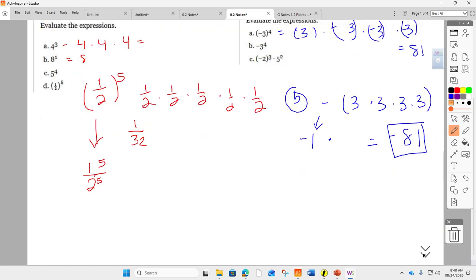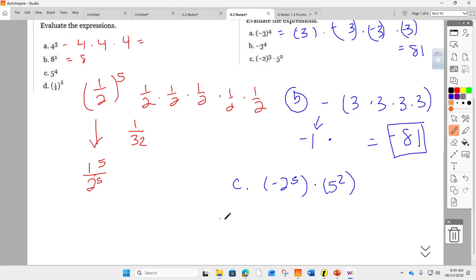Right. And if we're evaluating more than one factor with a power, remember that we're multiplying a power times a power here. If we had like bases, we could use a shortcut, but the base here is -2, the base here is 5.